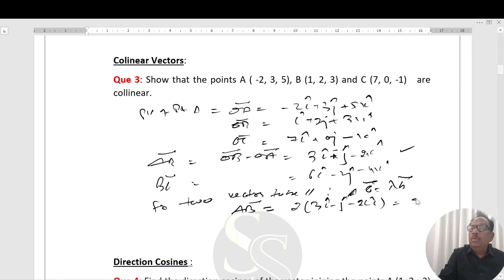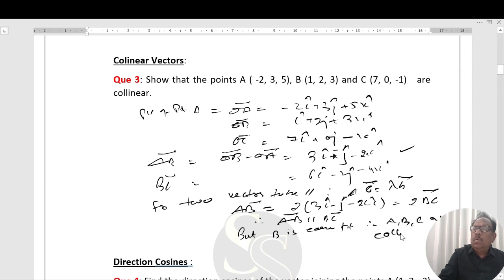AB equals twice BC. Therefore, AB is parallel to BC, but B is a common point. Therefore, A, B, C are collinear points.